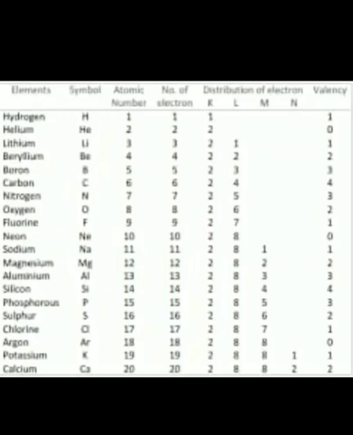And if the outermost cells contain 1, 2, 3 electrons, they lose them, and the valence is equal to 1, 2, 3 respectively. If it is 5, 6, 7, then you subtract from 8, that means 8 minus 5 is equal to 3, and if it is 6, then 8 minus 6 is equal to 2, and if it is 7, then 8 minus 7 is equal to 1.